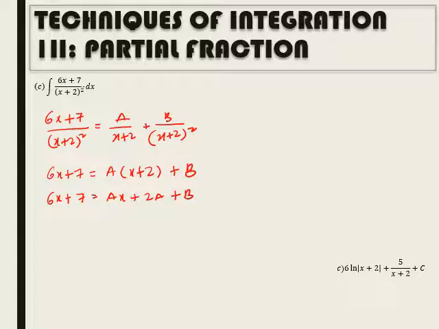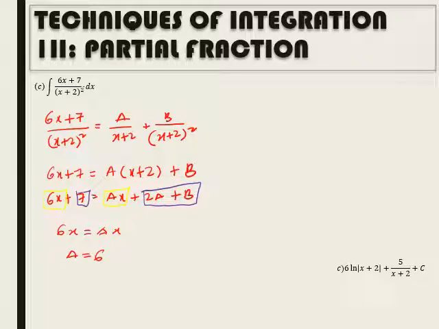So we will compare the term which has x and the term without the x. Okay, so this is another way of finding the a, b, c. So 6x must be equals to ax, so a must be equals to 6.